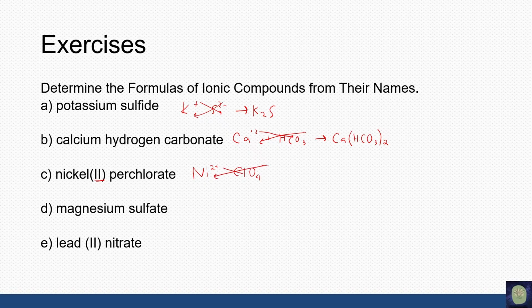Then we do the crisscross. We have a nickel, and again, this is polyatomic, so we enclose it in parentheses, Ni(ClO4)2.